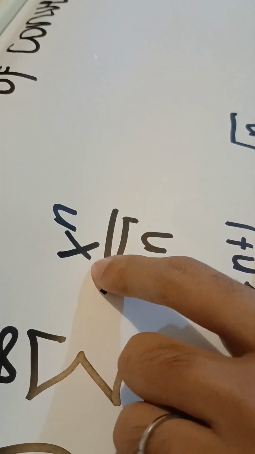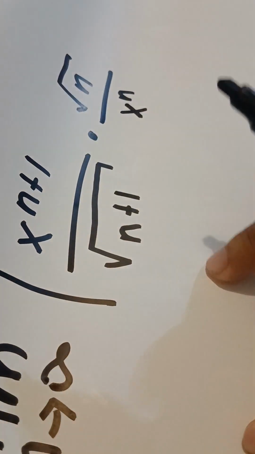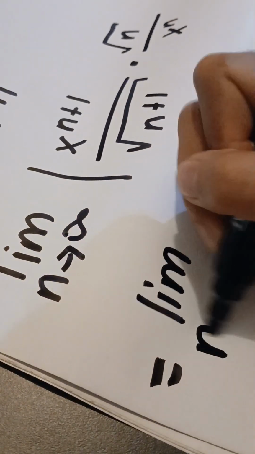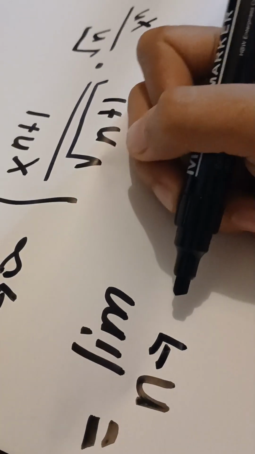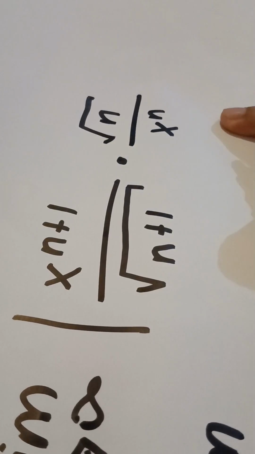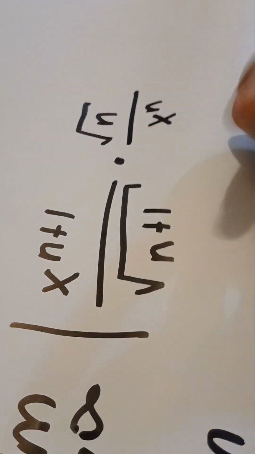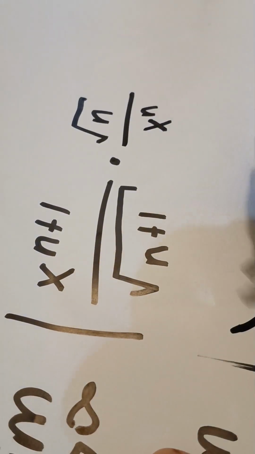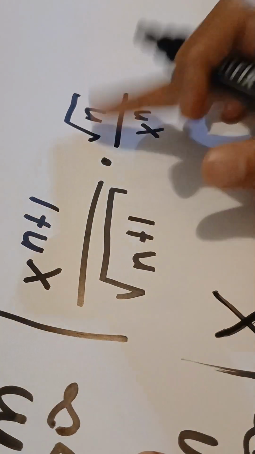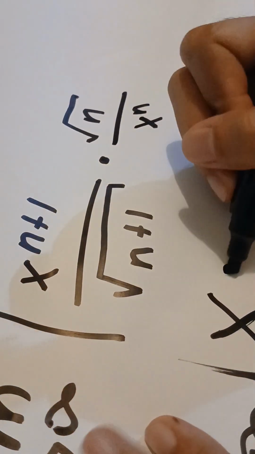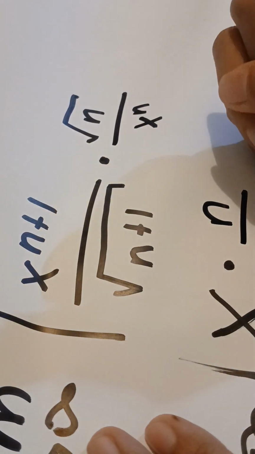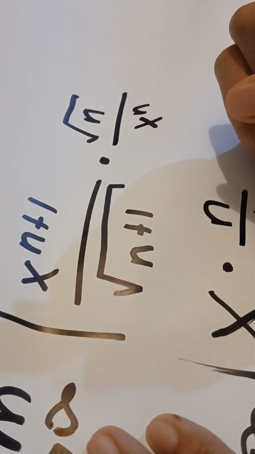The limit as n goes to infinity of the absolute value of x raised to n plus 1 times the square root of n, over x raised to n times the square root of n plus 1. Then we can have the absolute value of x times the square root of n over n plus 1.